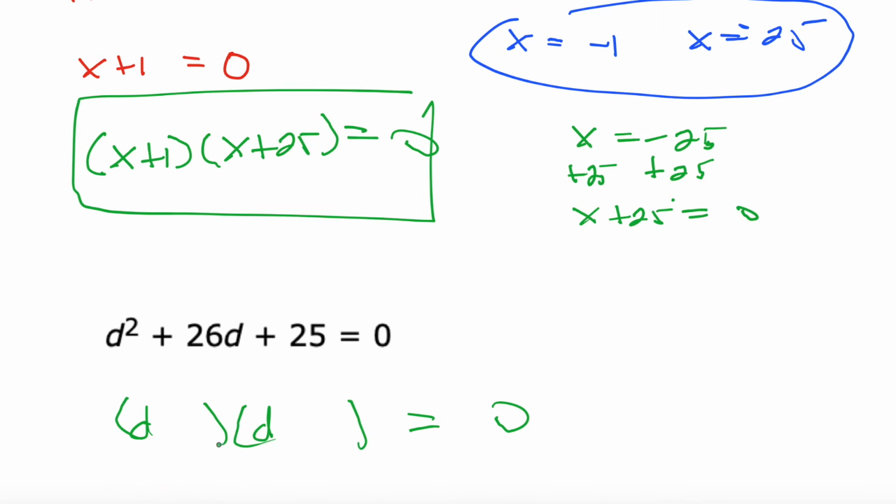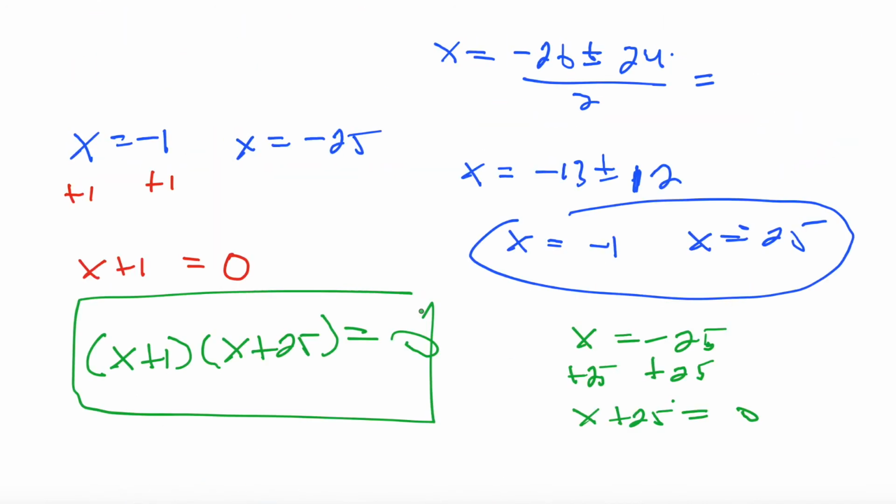Oh yeah, it's just 25 and 1, and it's all positives. So you can use the quadratic formula and go in reverse, and you factor the problem. Or you could just factor it straight too. So they're all kind of related.